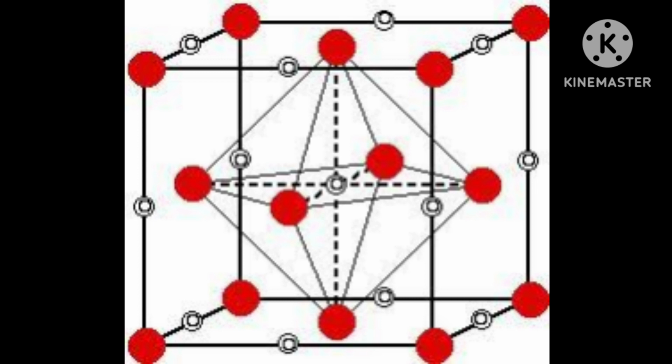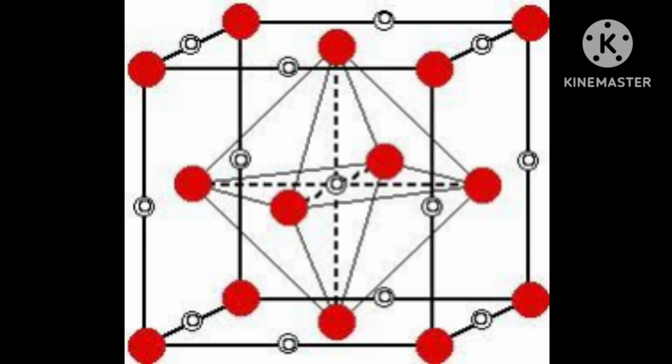Each edge is surrounded by 6 atoms. Already I told you 4 belong to the same unit cell, 2 on the corners and 2 on face centers, and 2 belong to the 2 adjacent unit cells.